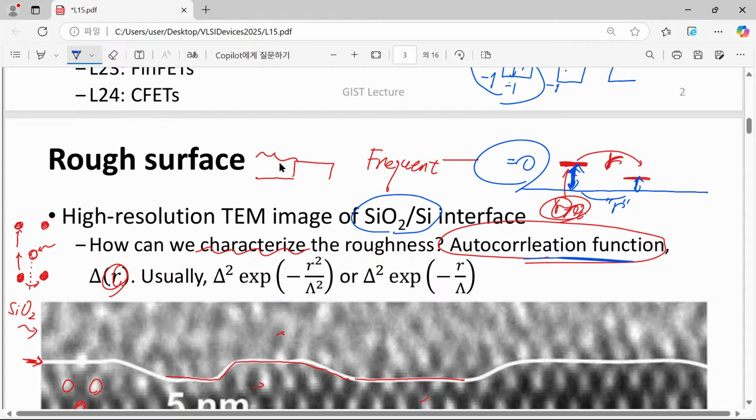When the distance between 2 points is given as r, how much they are correlated.